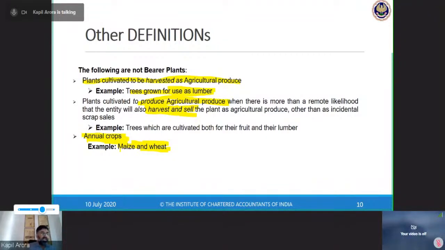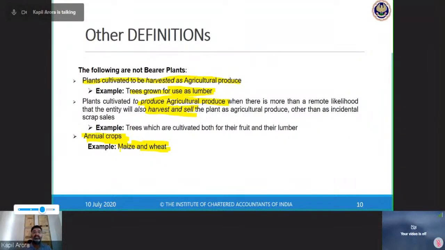So which livestock can meet the definition of inventory and which can meet the definition of property, plant, and equipment? For example, I have cows. Cow will give milk. So for the time being, we can take the value under property, plant, and equipment.